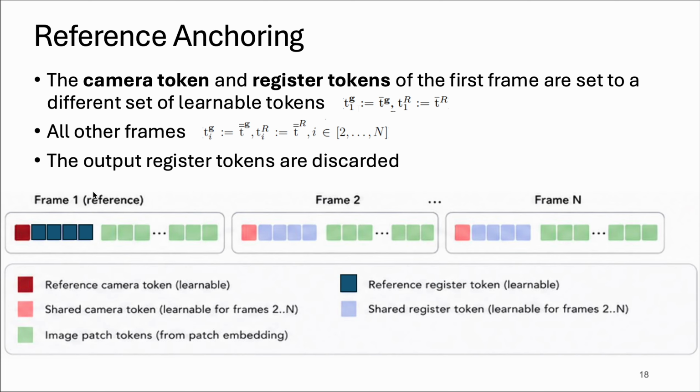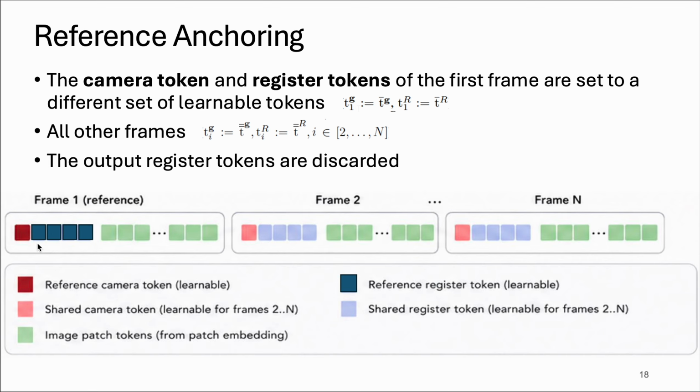Because all of the output 3D point coordinates were generated in a common coordinate system with respect to one of the images, that image is called the reference frame. So the camera token and the register token of the first frame are set to a different set of learnable tokens. All other frames were set to a second set of learnable tokens.